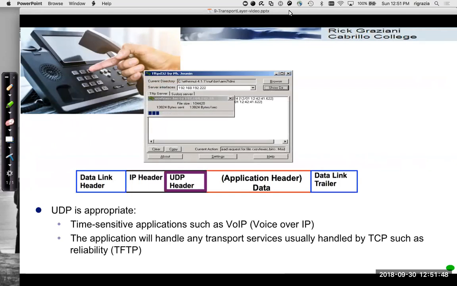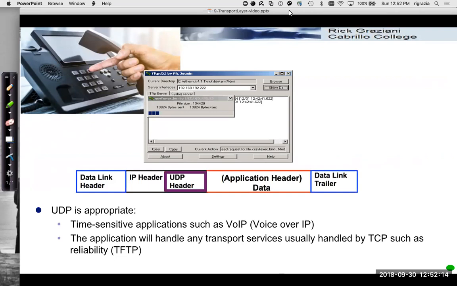Also applications where the application itself will handle any transport services that are usually handled by TCP, such as TFTP, Trivial File Transfer Protocol. With TFTP, for example, data is transferred from one end to the other end.